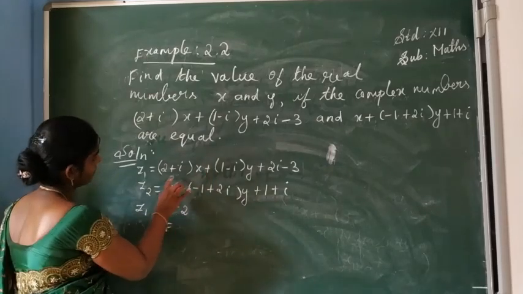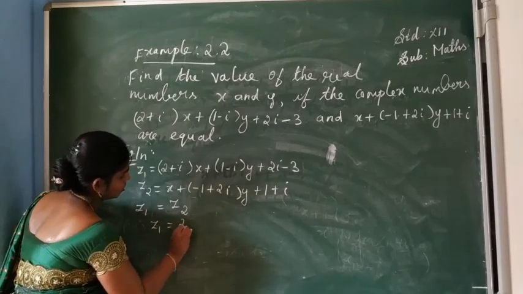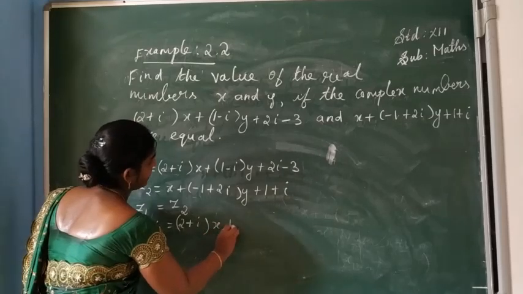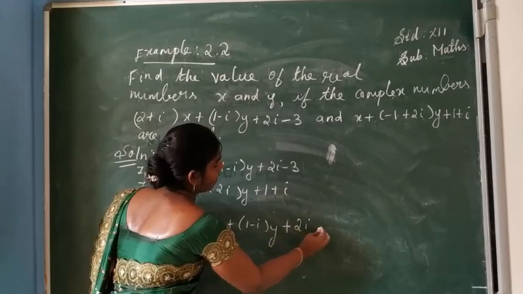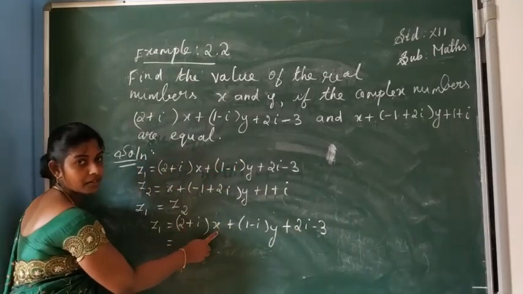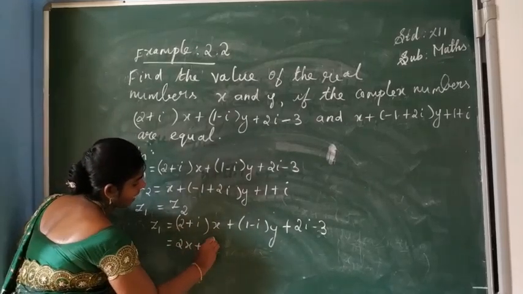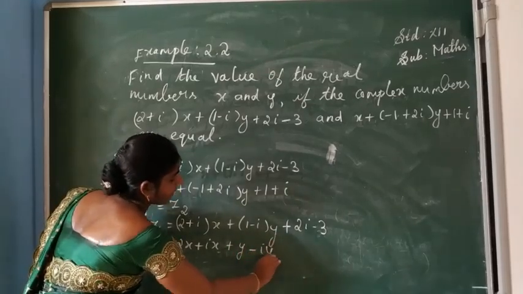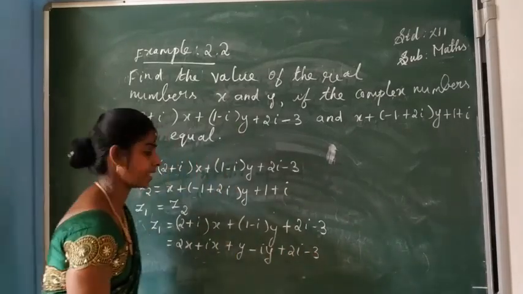Okay. So first we find the z1 value. z1 equal to (2 plus i)x plus (1 minus i)y plus 2i minus 3. Multiplying x inside, that's equal to 2x plus ix plus y minus iy plus 2i minus 3.